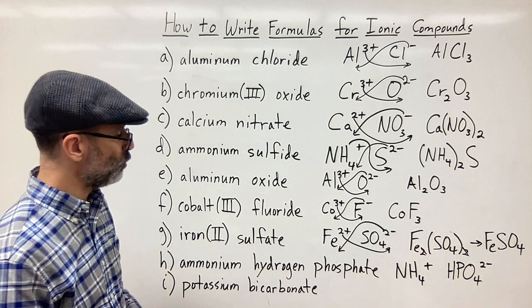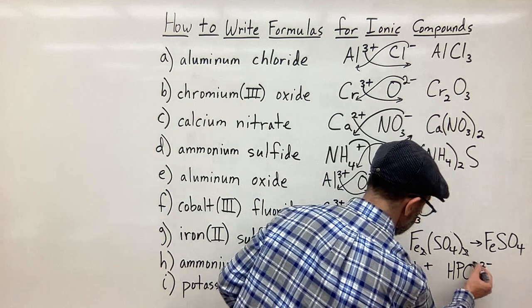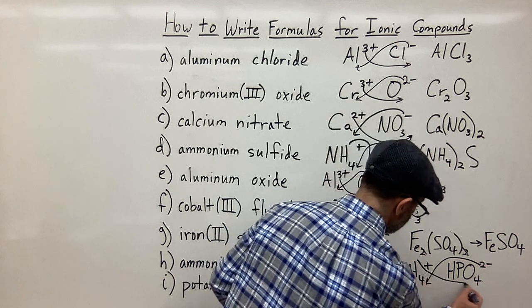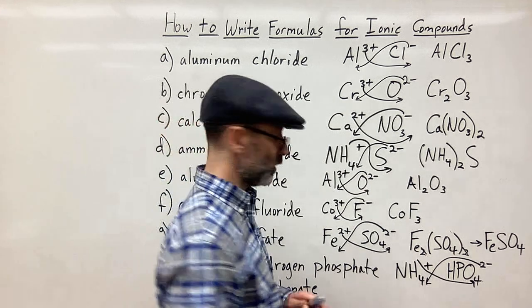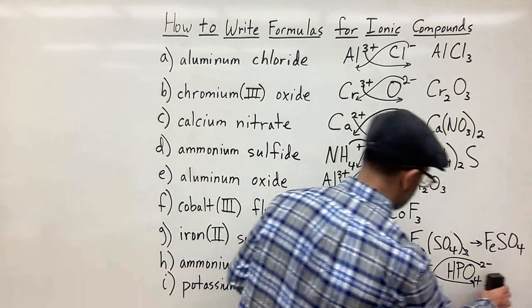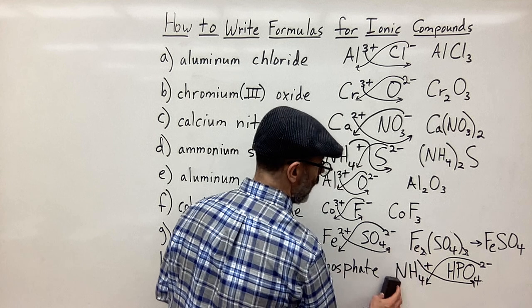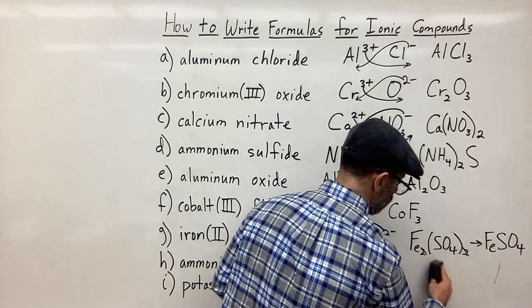Now, all we need to do is do our crisscross. So here, this 2 goes down here as a subscript. The 1 goes down here as a subscript. And so we write the formula. I'm going to have to erase it to give myself some room. So we have a 2 down here. So we're going to have 2 NH4. So we're going to need to use parentheses for this.